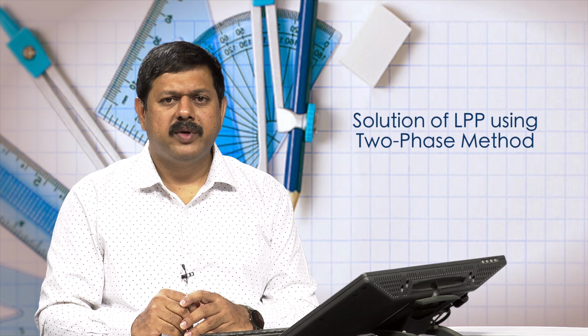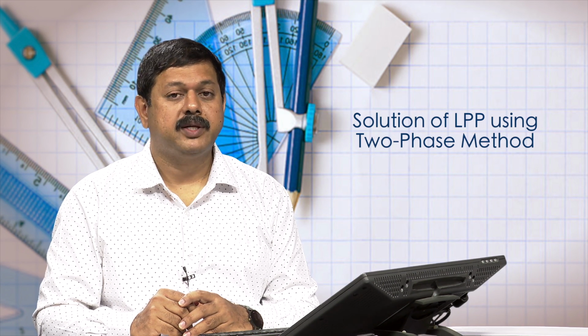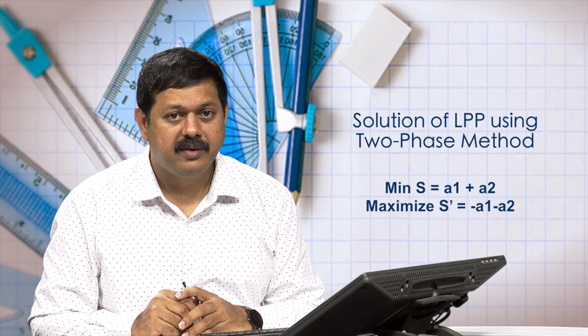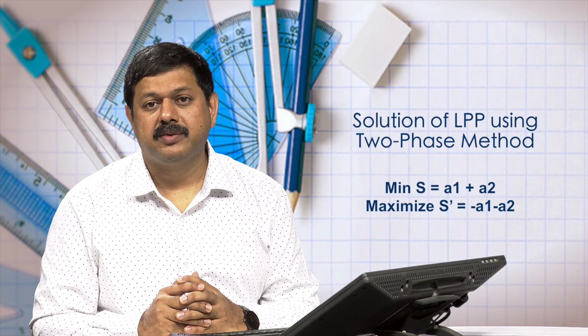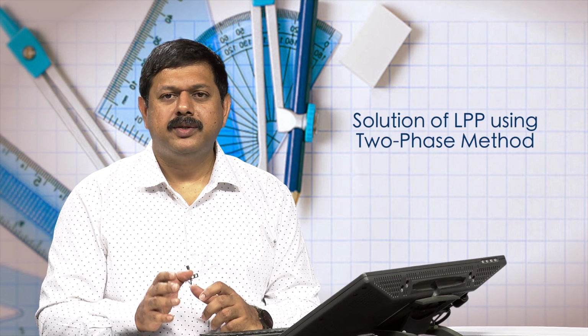The objective of this phase is always to minimize the sum of the artificial variables subject to the same set of constraints, that is, minimize s = a1 + a2, or equivalently maximize s' = -a1 - a2. Hence, let us solve this phase 1 problem.